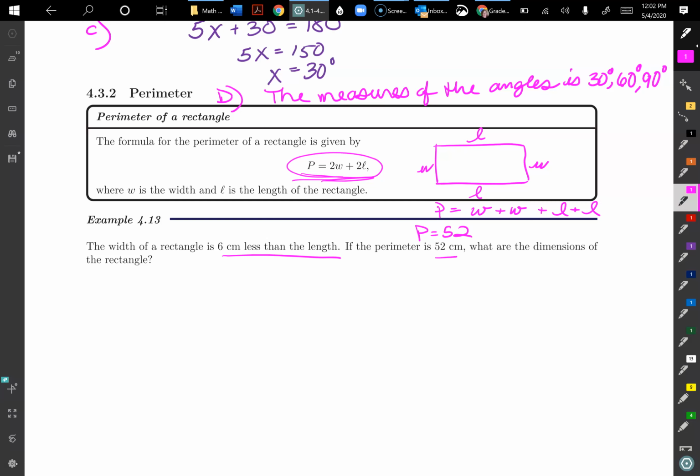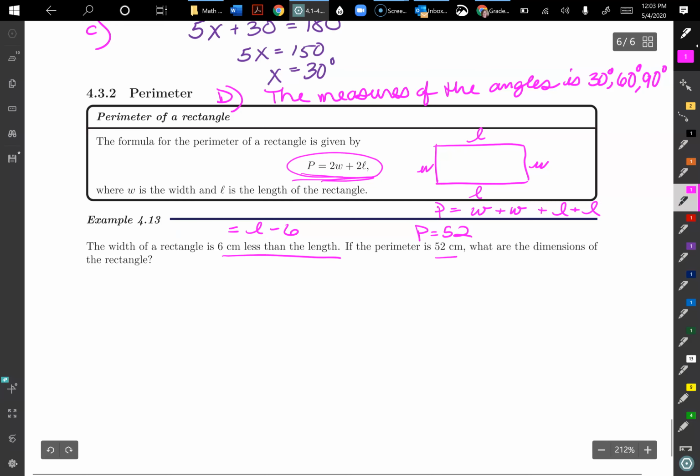The width I could write as W equals 6 centimeters less than the length. So length minus 6. So that's what the width is. So I'm going to actually write out the word width.